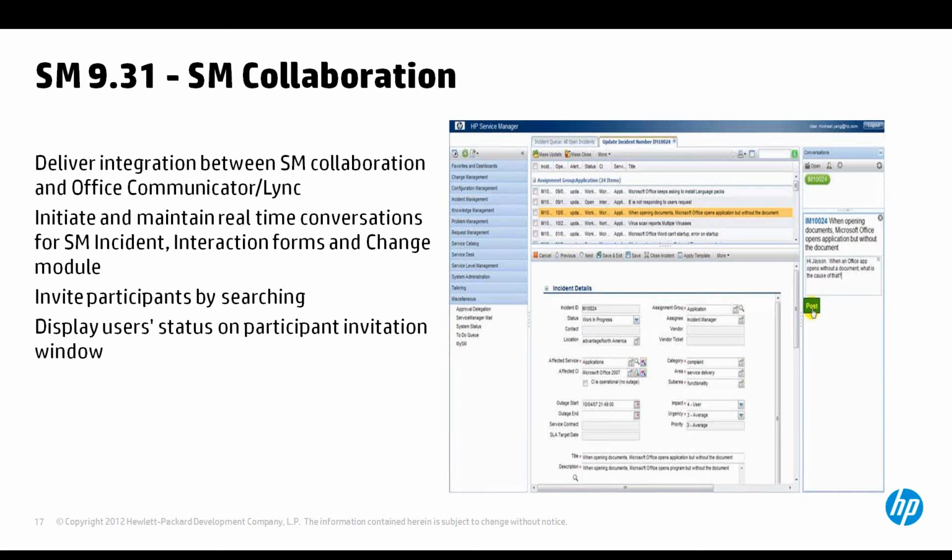We also have the gateway, the ability to connect with someone outside of Service Manager through the gateway to Lync, which is the successor of Office Communicator, so we support both versions. So that's what we brought in this version of Service Manager 9.31 in terms of extended collaboration. Next slide.